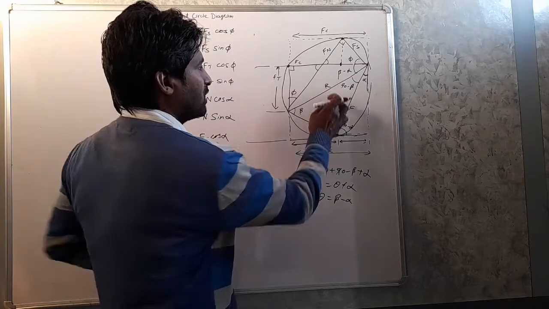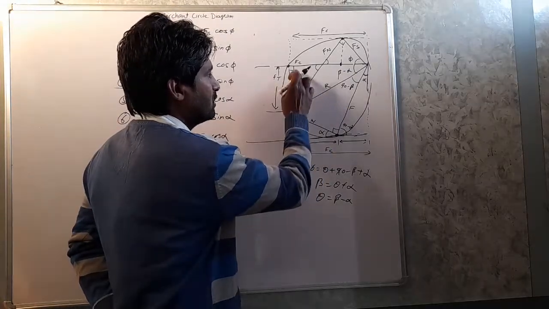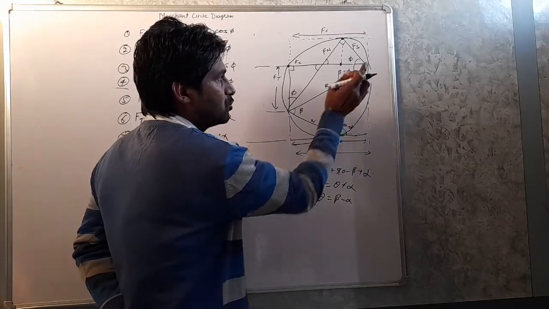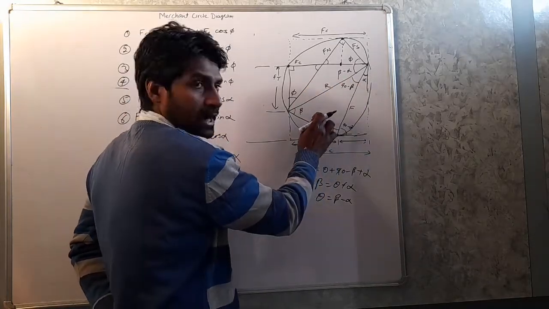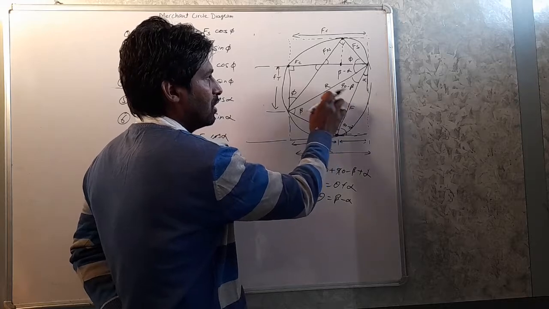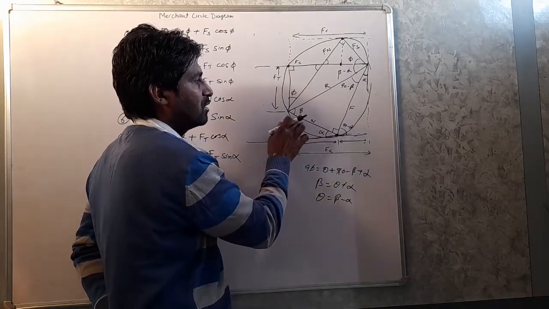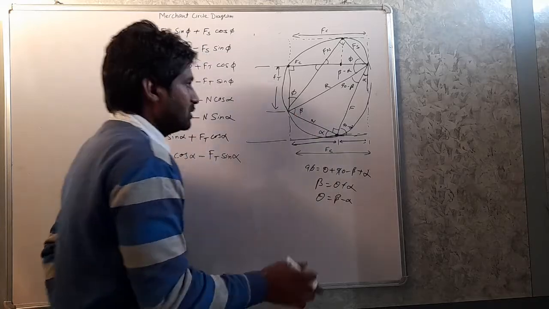Similarly, you can find it in terms of Fc and Ft using Pythagoras theorem, and you can also find F and N in terms of the resultant R, because you have the value of angle beta.